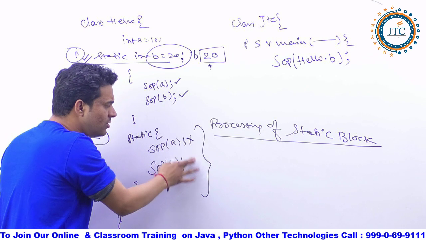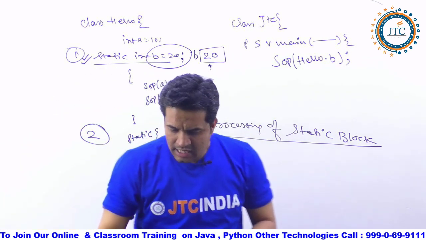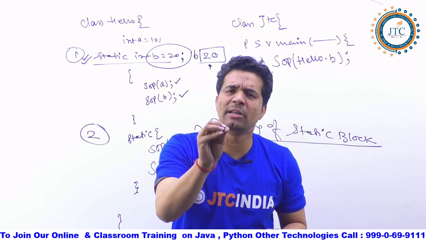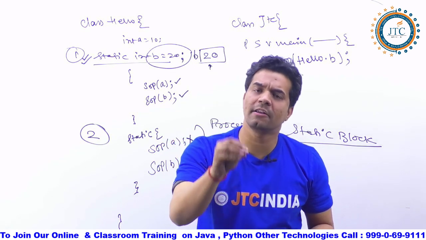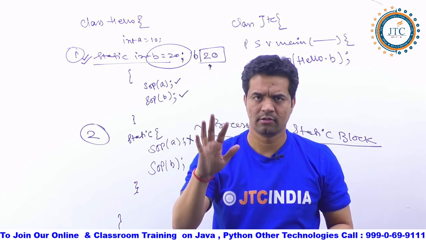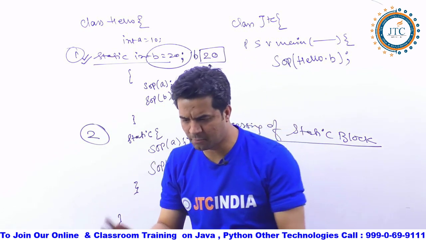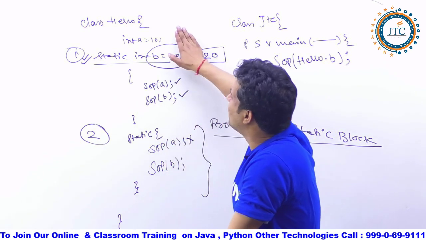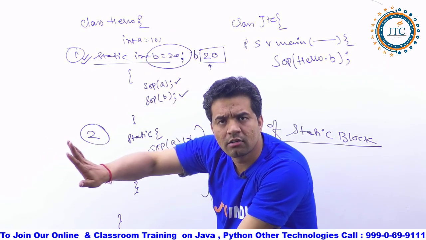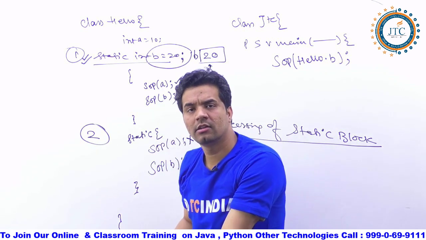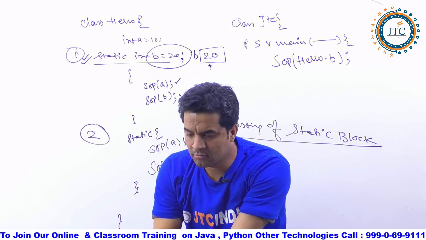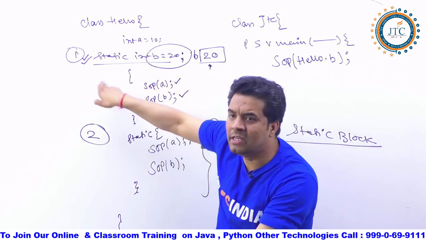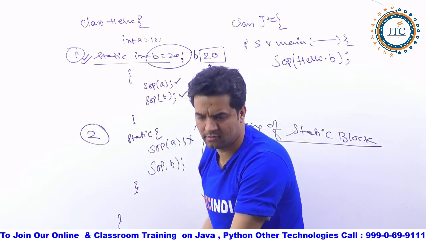Now my question to you all, I am not telling any rocket science, it's very simple. If you are a developer, a programmer, or a programming student, what is A, what is B? Nothing, till the time memory for A or B has not been allocated.